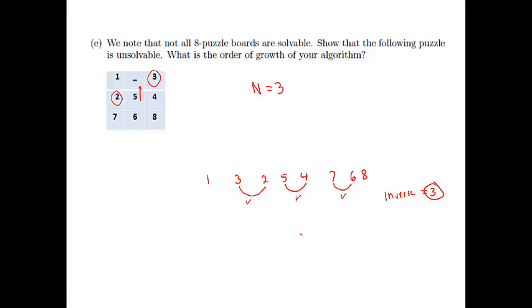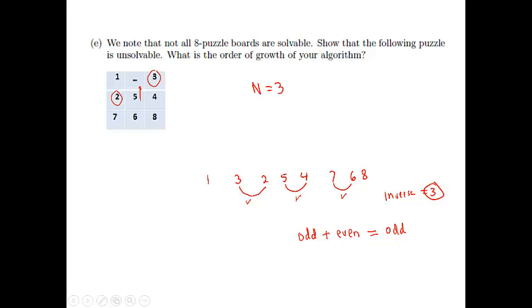So what we are claiming is that if you start with an odd number of inversions, and every time you make a move, you add or subtract an even number of inversions, then the answer is always an odd number.